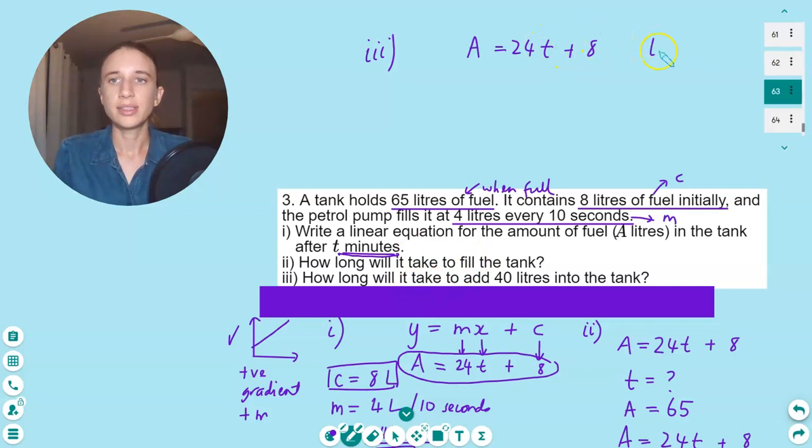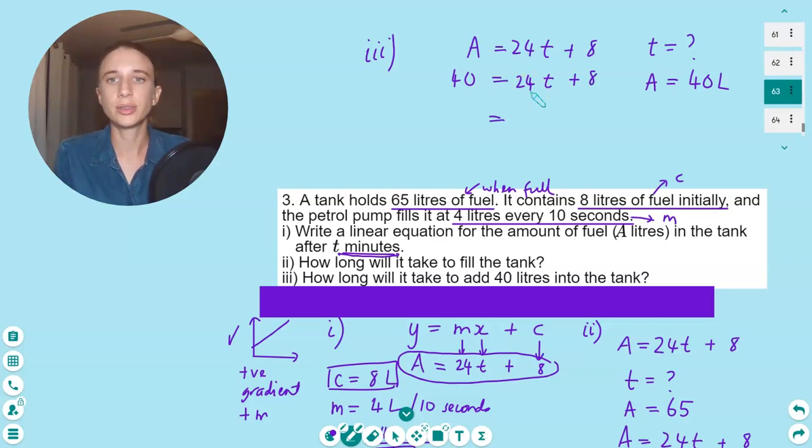And I'll do a little data table over here. How long means we're finding what the time is to add 40 liters to the tank. So this time we're given A as well. And we're just substituting again. So just solving this. A is 40, 24 times, T's are unknown.